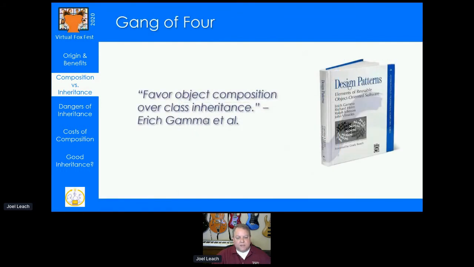Let's go back to that principle stated in the Design Patterns book. Notice that it says favor object composition over class inheritance. Inheritance is a relationship between classes. What exactly does that mean? Well, when you instantiate a subclass, you don't have to worry about also instantiating the parent class, right? That's because the relationship has already been set up at the class level.